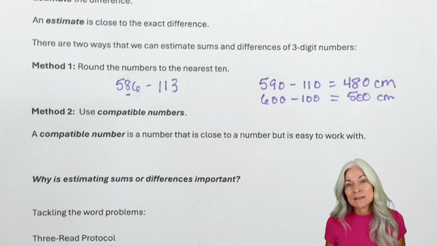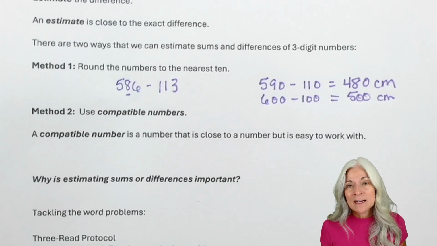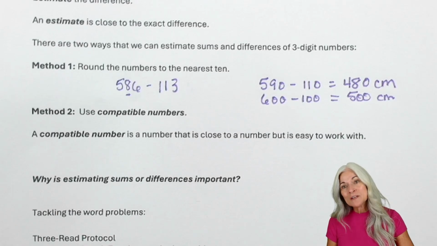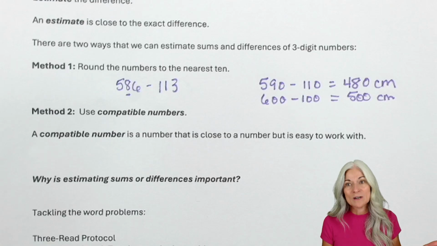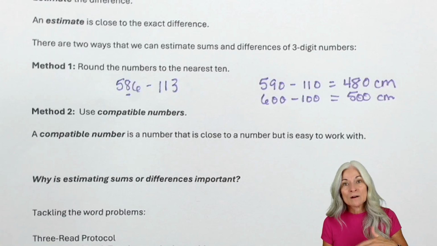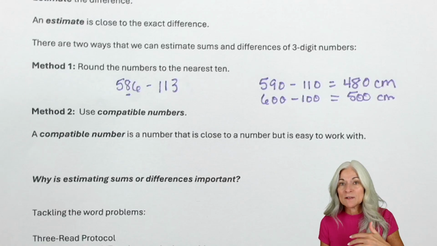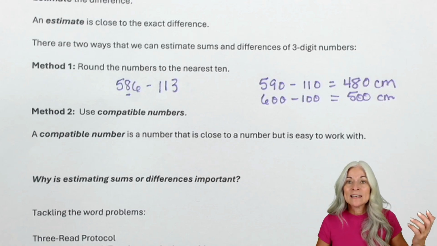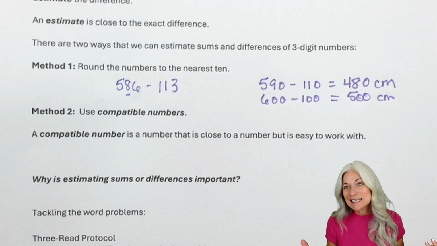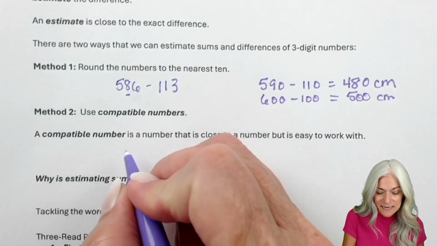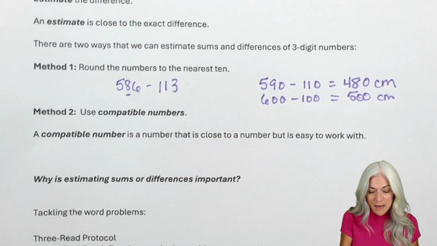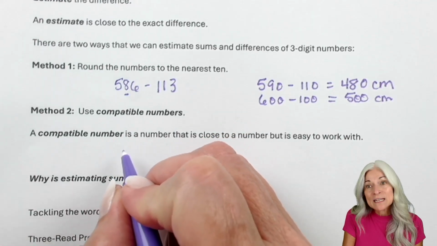The second method is to use a compatible number. A compatible number is a number that's close to a number, but it's easy to work with. If we were rounding this, we would round it up to 590, but maybe we say, I know fives are easy to work with, or even numbers ending in 0.